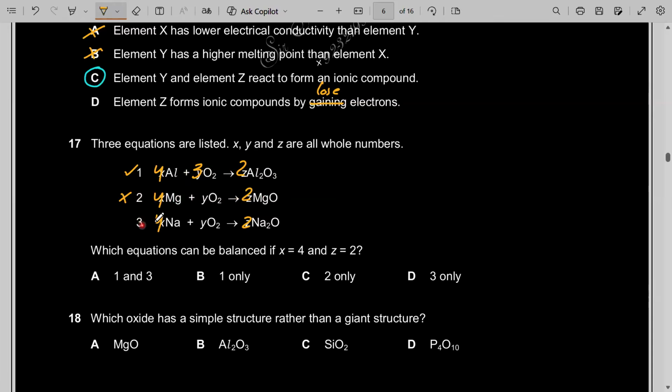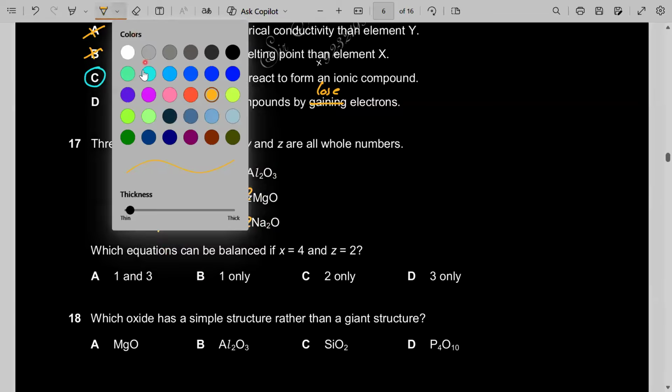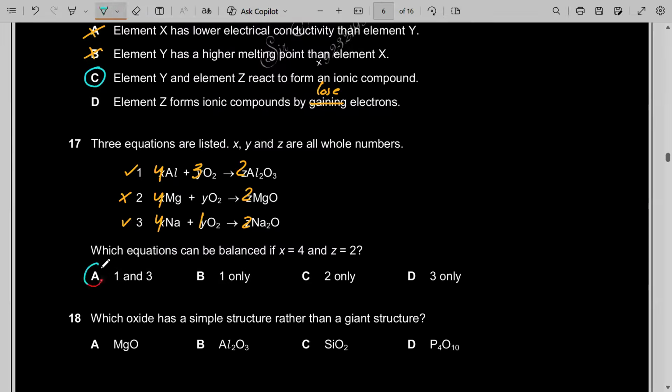And third equation: 4 times Na is balanced with 2 times Na2 on the right side, and O is 2 on the right side, so just put 1 over here, so that also balances it. So equations 1 and 3 are both balanced. In this way, A is the correct option.